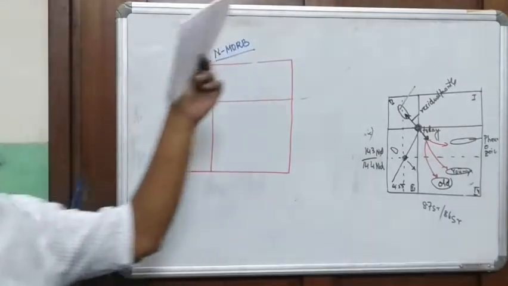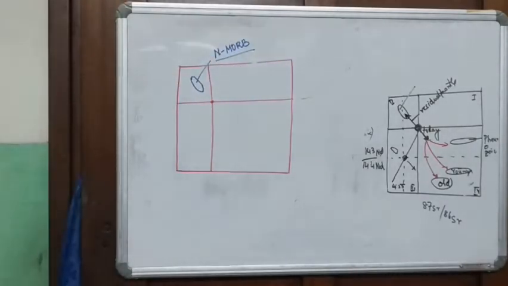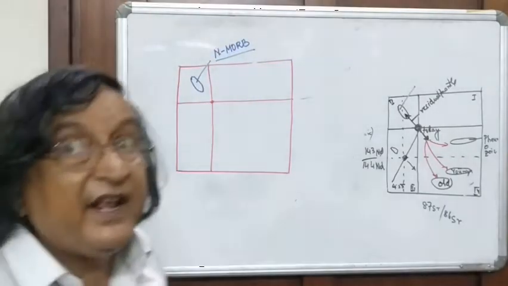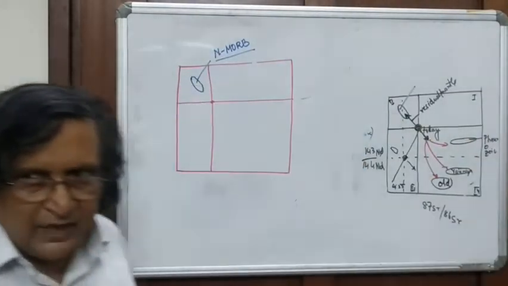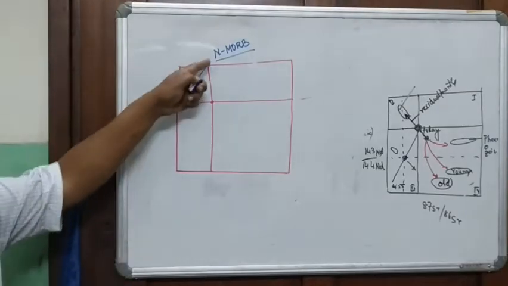Remember, in the last class or the class before, we were talking of normal MORB in terms of rare earth elements, and we were not being able to express it. So I will not tell you the answer. I am just telling you this is where.